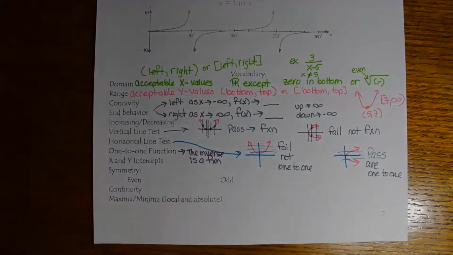So if you do the horizontal line test and you fail, that means whenever you take the inverse, it will not be a function. That's kind of just vocab right now. That's going to come into play a little later. But for right now, it's making sure you understand a vocabulary word. Plant the seed for later, if you will. We won't do a lot with that right now.